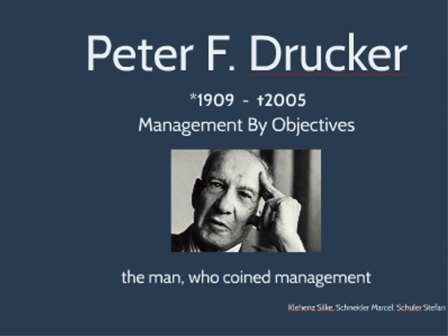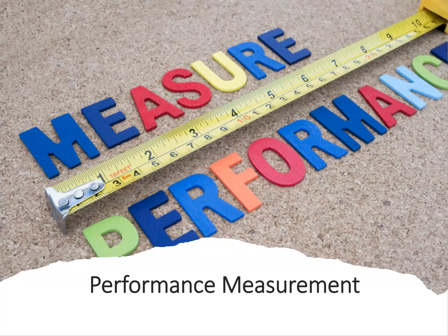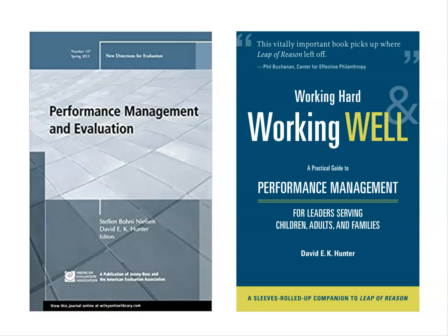Peter Drucker's management by objectives is aimed at describing whether or not objectives were fulfilled. Discrepancy evaluation, early in the field, looked at describing the difference between what were the aspirations of a program and what was actually attained. Performance measurement simply describes the levels of performance on key indicators. Performance management and evaluation is about describing the results.